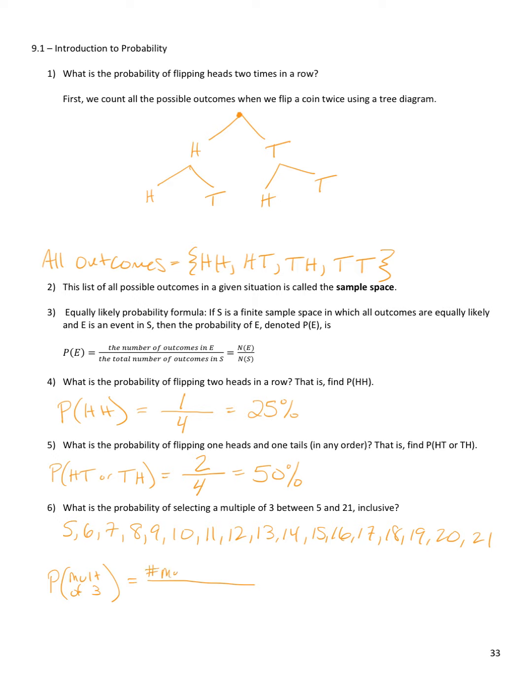So the number of multiples of 3 goes in the numerator, and in the denominator is the entire sample space, the total number of numbers. So we can just count up the number of numbers. 1, 2, 3, 4, 5, 6, 7, 8, 9, 10, 11, 12, 13, 14, 15, 16, 17. So there's 17 numbers in the list.